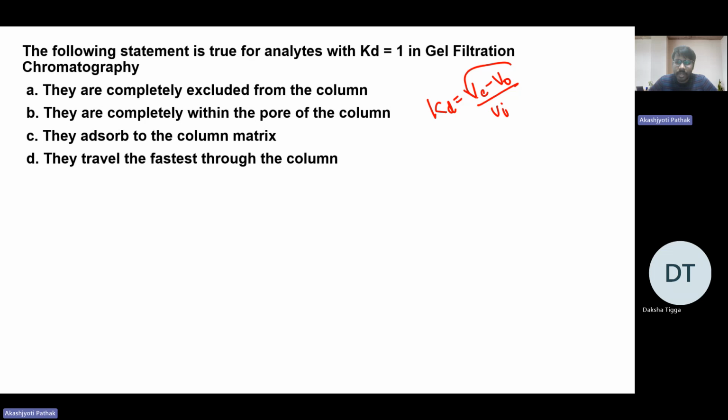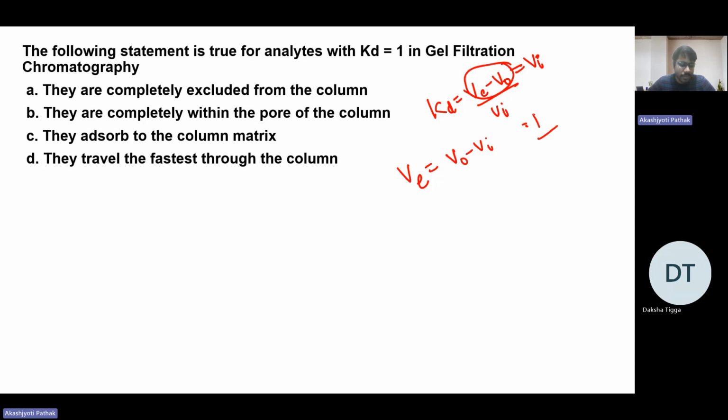When this term will be equal to VI. So if your VE becomes equal to VO plus VI, then the numerator becomes VI and the ratio will be equal to 1.